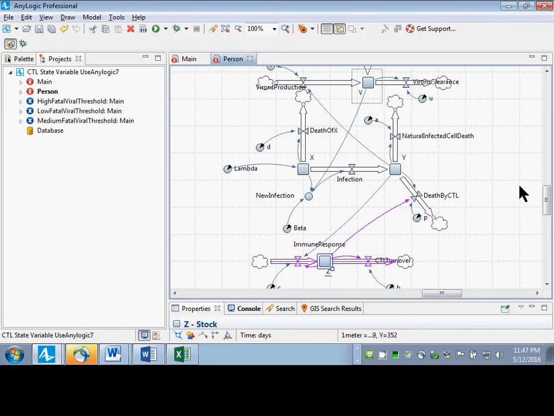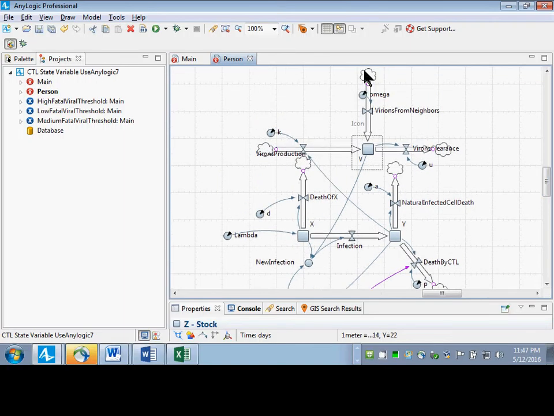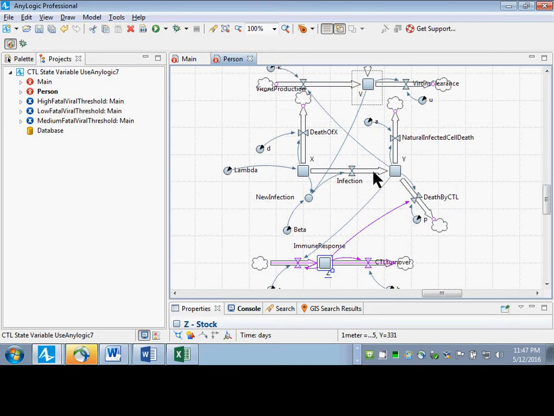So in short, ladies and gentlemen, a person can get invaded here by viruses from neighbors in a network. That flows into here. That leads to an infection cascade that leads cells to get infected. Infected cells build up. That stimulates the production of cytotoxic T lymphocytes, or the activation of said cytotoxic T lymphocytes, which kills off the infected cells.